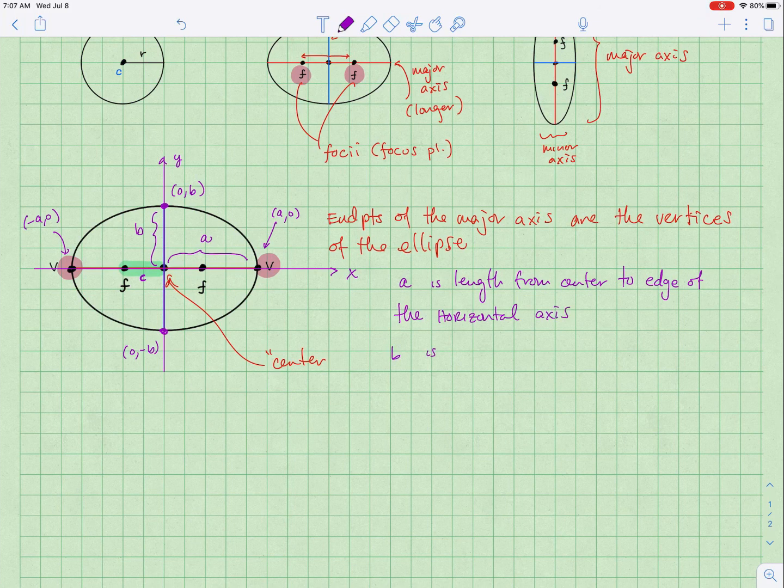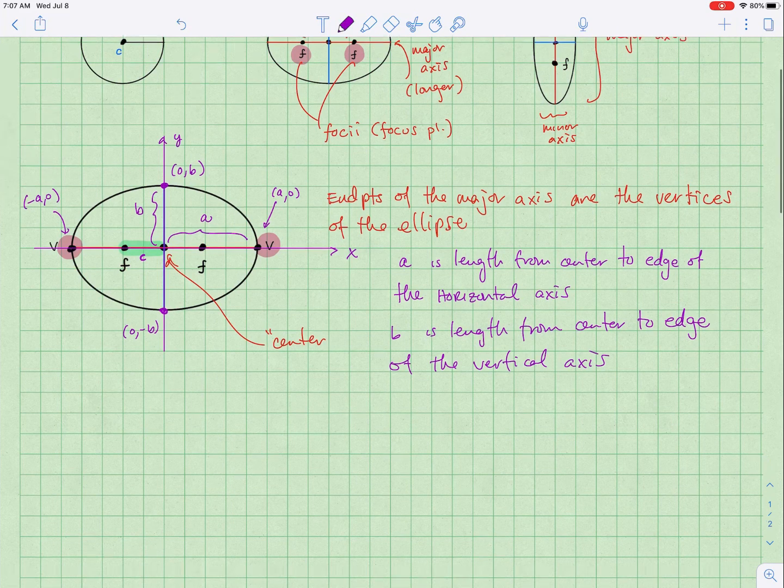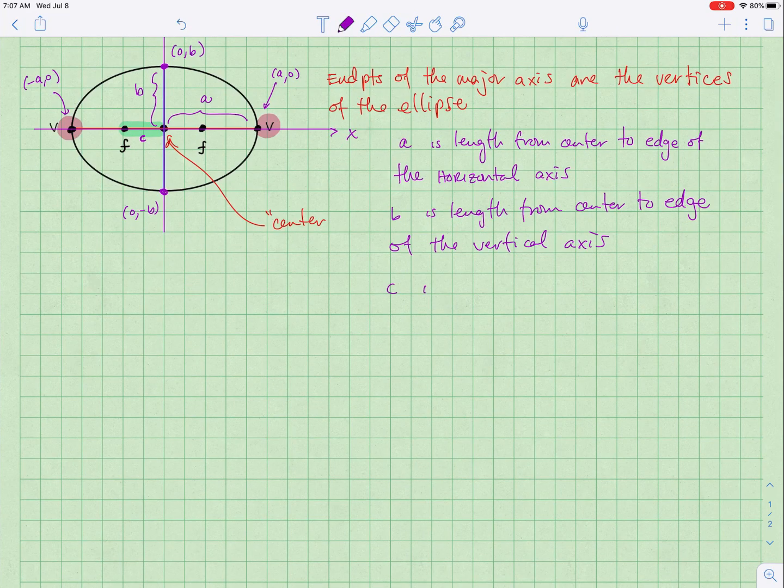B is the length from the center to the edge of the vertical axis, and C is the distance between the center and either focus.